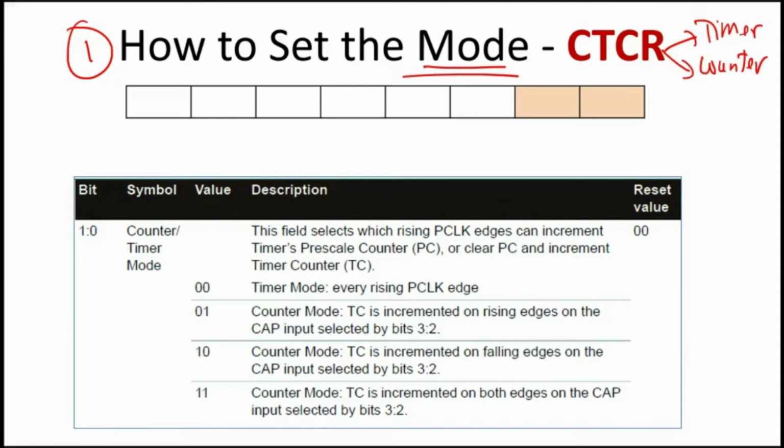How do I do that? The first 2 bits are important for us. This will give you 4 possible combinations. If it is 00, then that fellow is used as a timer. For the rest of the 3 combinations, 01, 10, and 11, it is used as a counter. In all the 3 cases, the timer is used as an event counter.